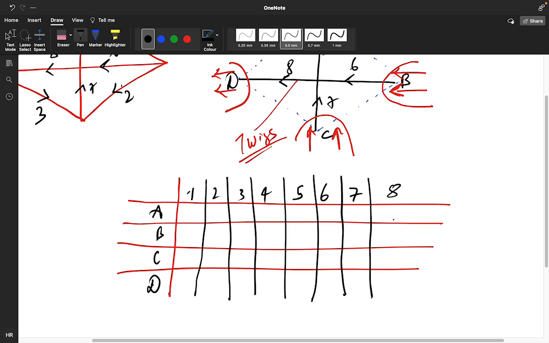Okay guys. So this is your cut set matrix.